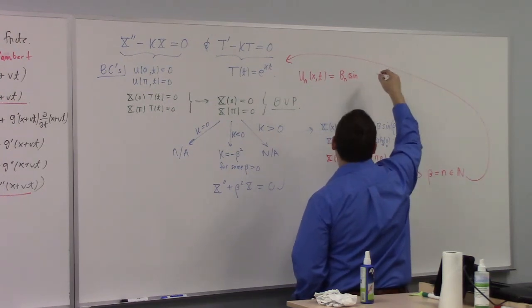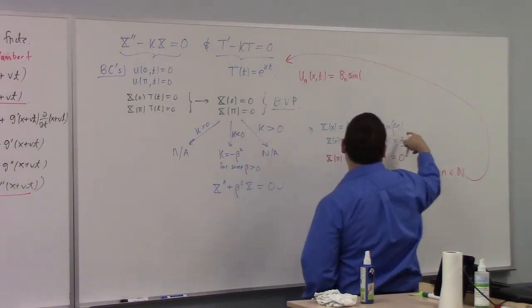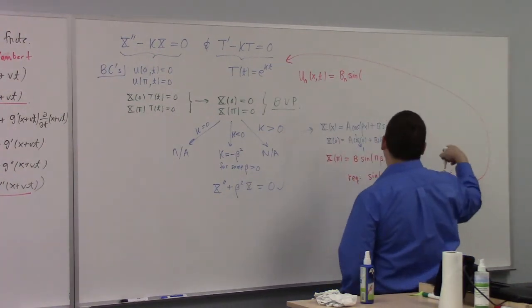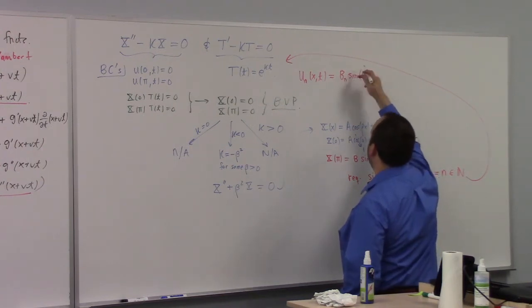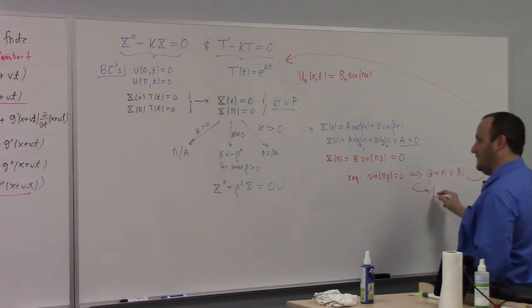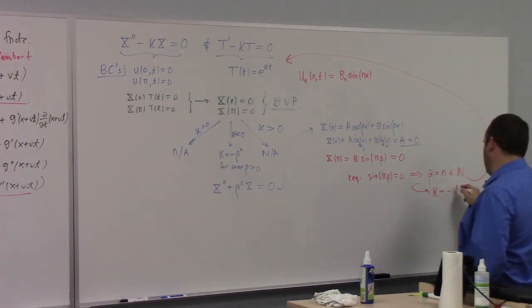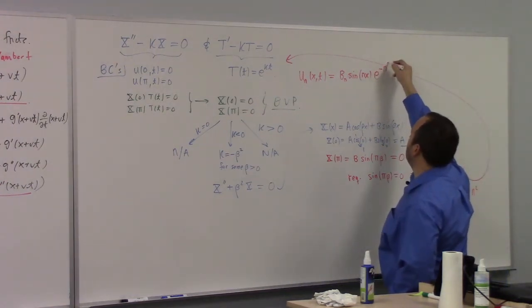Oh yeah, sine of beta x. Beta was n, right? So sine of nx, right? And then what does this say about k, by the way? This is k, which is equal to minus beta squared, is equal to minus n squared, right? So e to the minus n squared t.